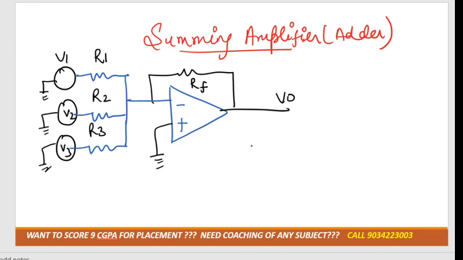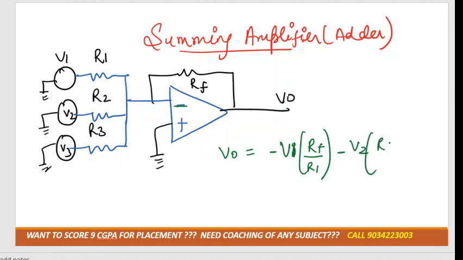So in this case we'll get the output voltage V0 by the formula minus of V1. Okay, why have we said minus? Because we have connected with the negative terminal, so minus of V1 RF by R1, then minus of V2 RF by R2, then minus of V3 RF by R3.